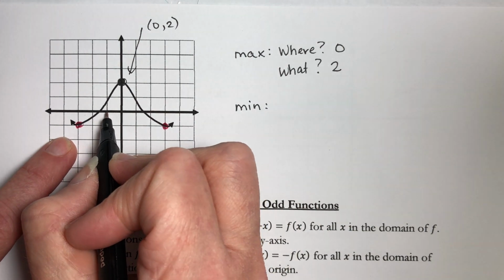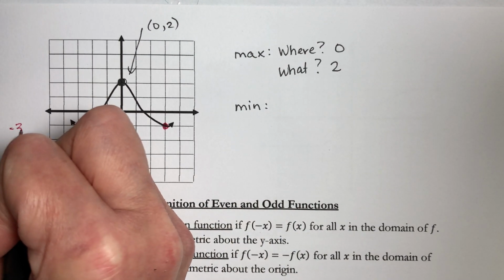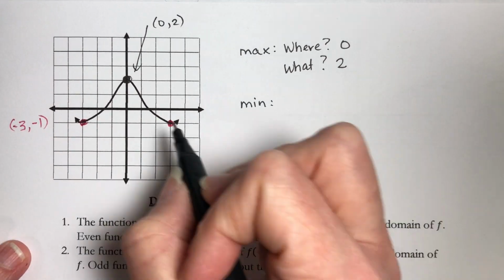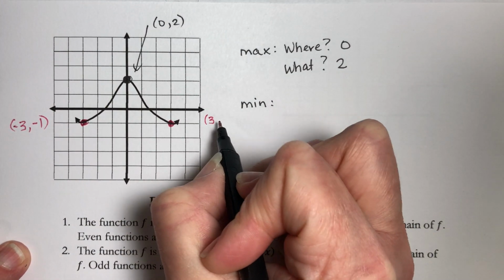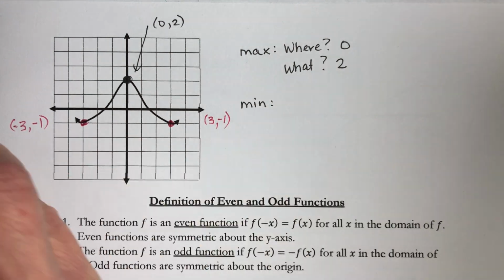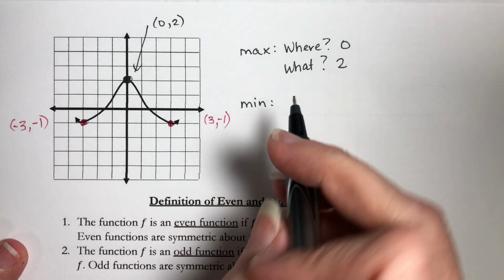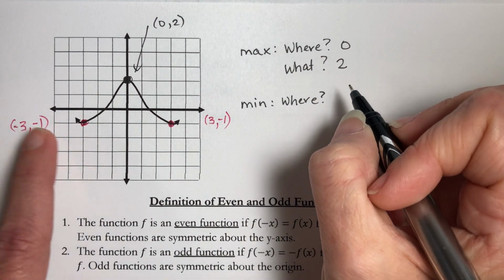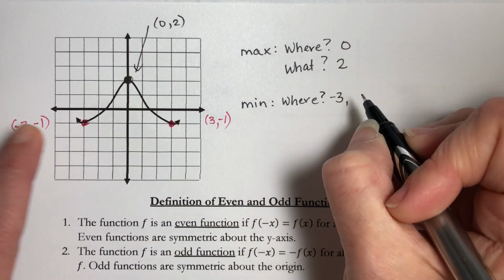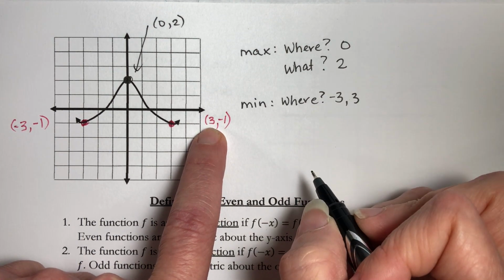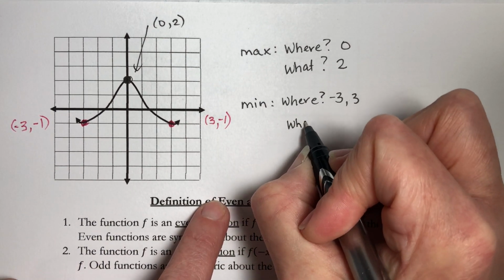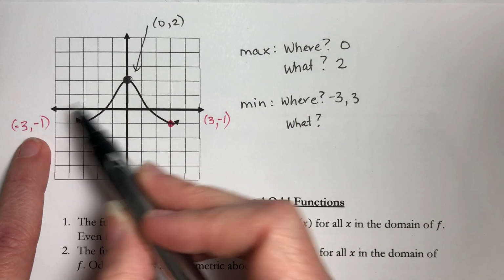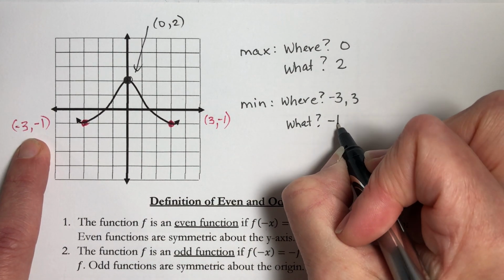This point is (-3, -1), and this is (3, -1). So where do we have minimum? We have one at -3, and we have one at positive 3. What is the value? -1 and -1, so we only need to list that once.